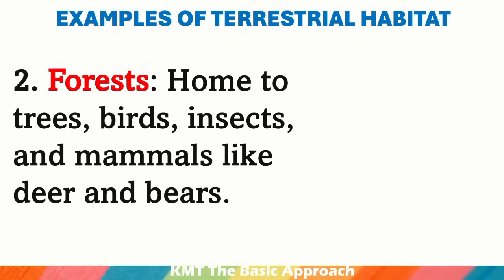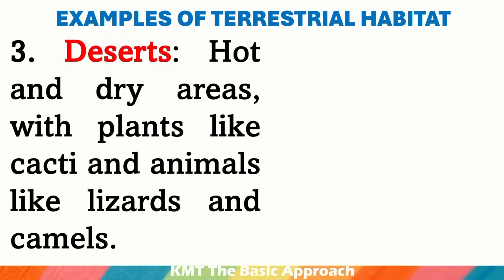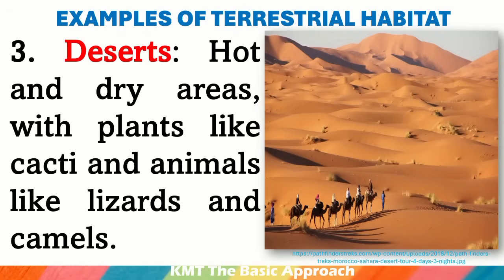Number 2. Forest. Home to trees, birds, insects, and mammals like deer and bears. Number 3. Deserts. Hot and dry areas with plants like cacti and animals like lizards and camels.